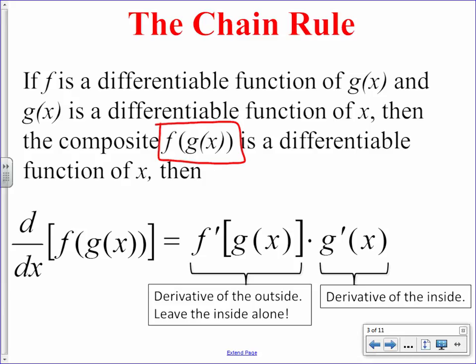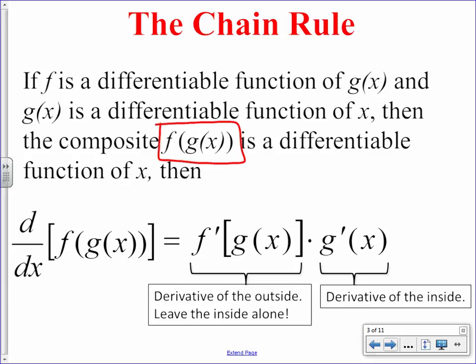So what's happening? We're taking the derivative of a composition. We are going to work outside to inside. First, we're going to take the derivative of the outer function, leaving the inside function in there. And then we have to take the derivative of whatever function is on the inside.